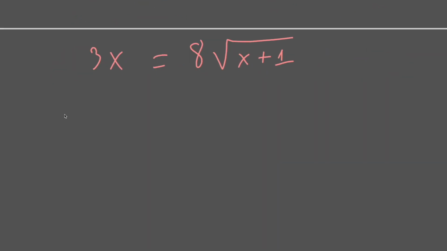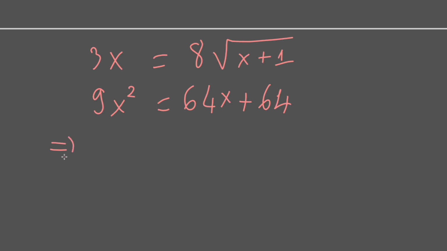Until now, you can see this is a very simple equation. You have to square both sides of this equation again, and this is the last time. We have 9 times x squared equal to 64x plus 64.